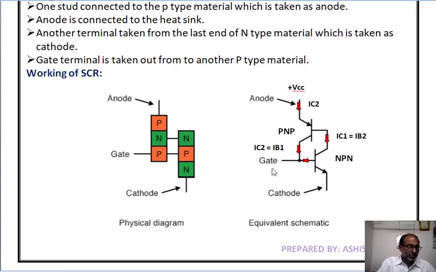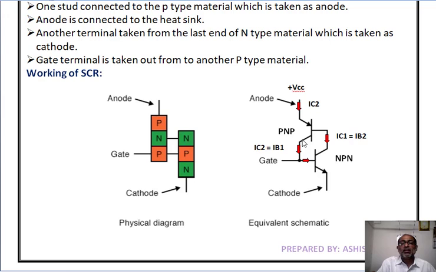Due to this process, the SCR will turn on, and it offers very low resistance, and the current passing through the load is limited by the load resistance.